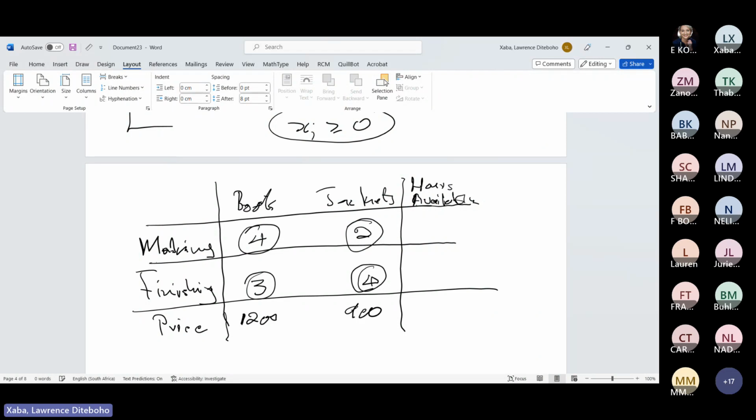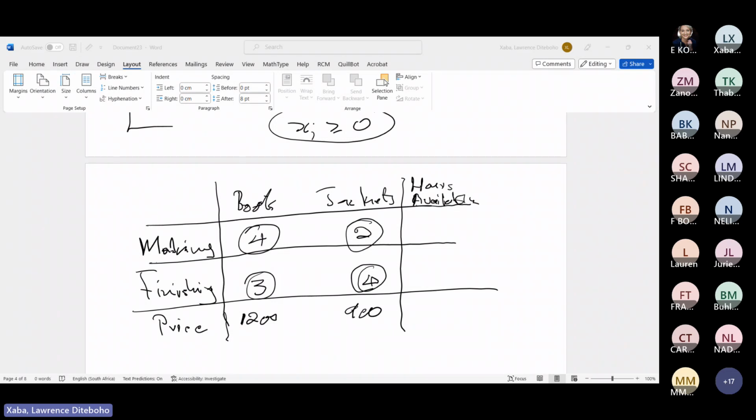So this is our selling price. The only thing we skipped is the hours available in a month.